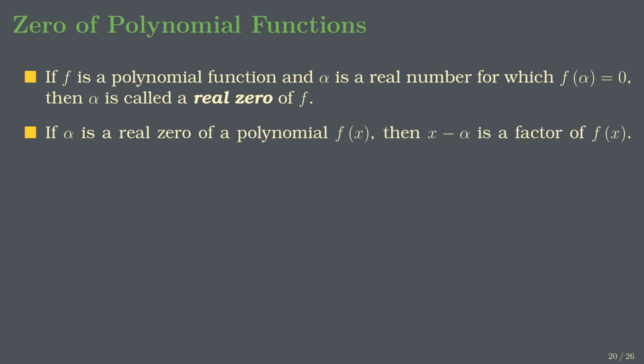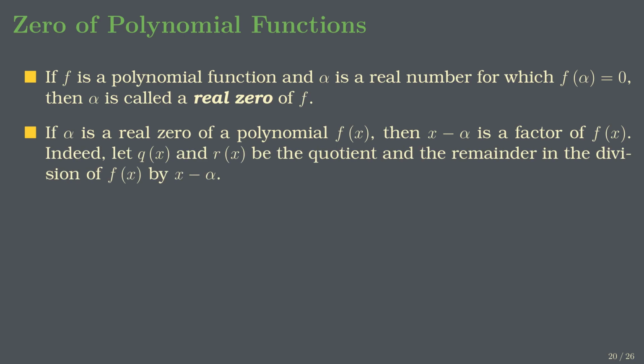One important fact about zeros of a polynomial function is that if alpha is a zero of f(x), then x minus alpha is actually a factor of f(x). And this can be easily seen from the Euclidean division of f(x) by x minus alpha.